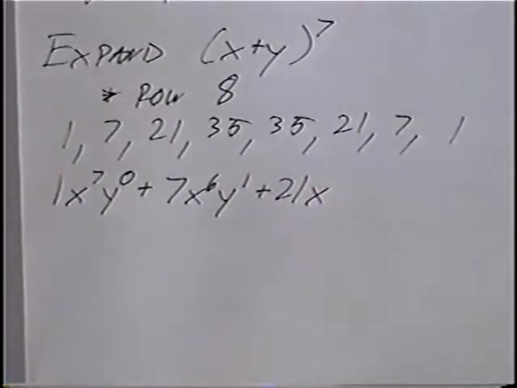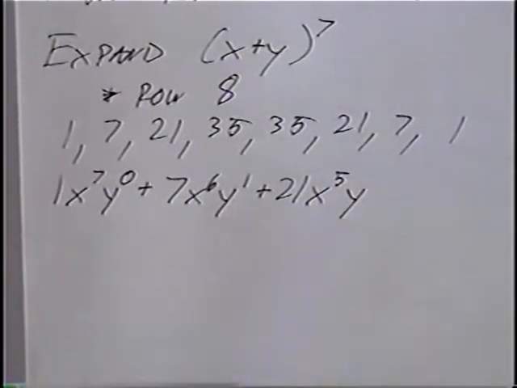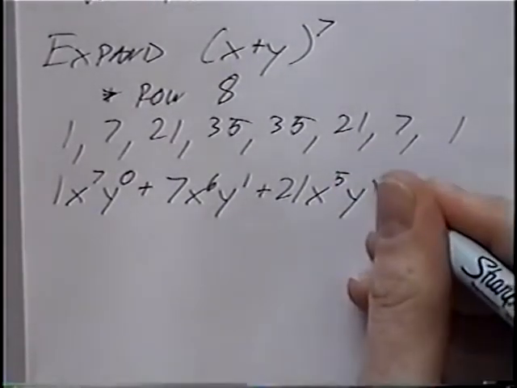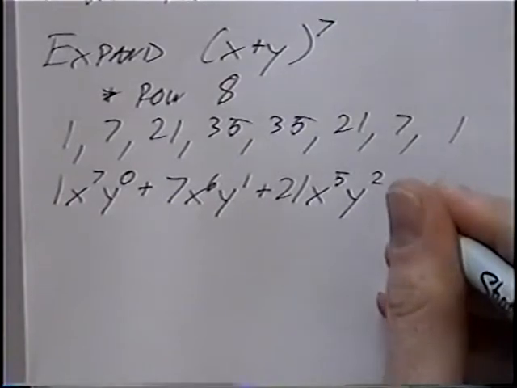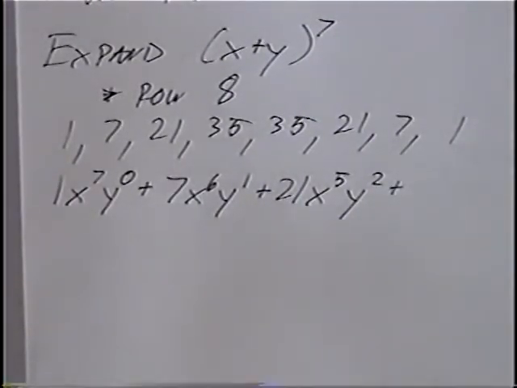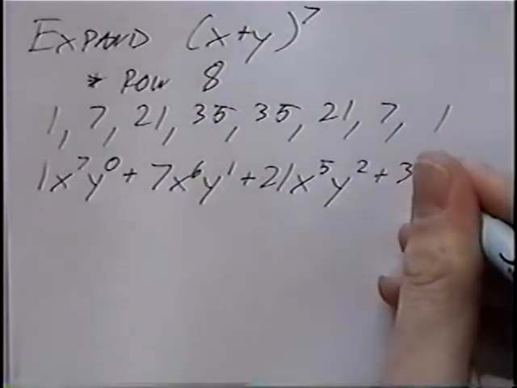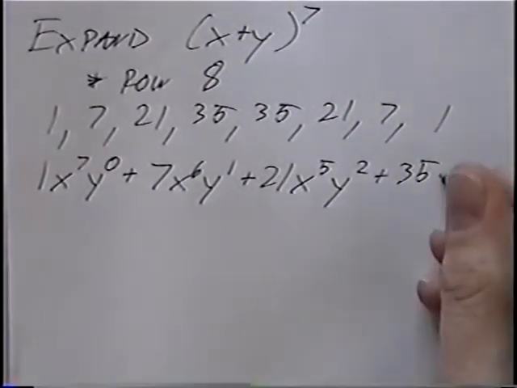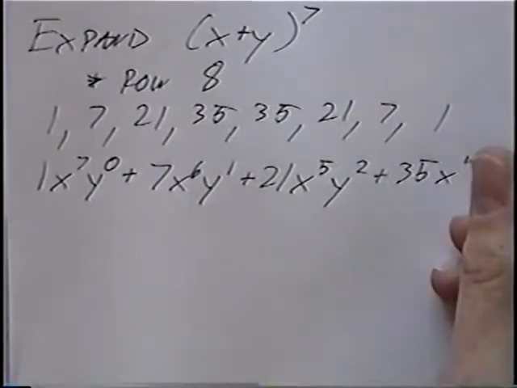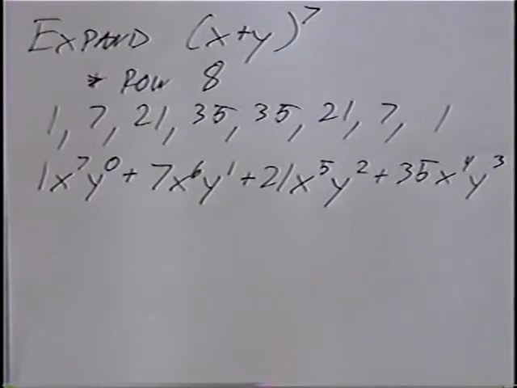And again, we'll take x, decrease by 1, which would be 5, and the y exponent increases by 1, which will be 2. We will continue this pattern for all the numbers in row 8. After 21, we'll have 35. X will decrease by 1, x to the 4th. Y increases by 1, y to the 3rd.